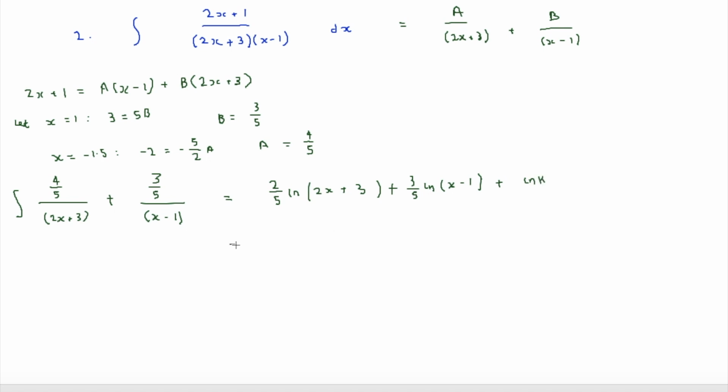So therefore, what we're going to have as our final answer is ln, then we'll have the k here, then we've got the 2x plus 3, and then that will be to the power of 2/5. That will be times by x minus 1 to the power of 3/5. So therefore, that is our final answer.